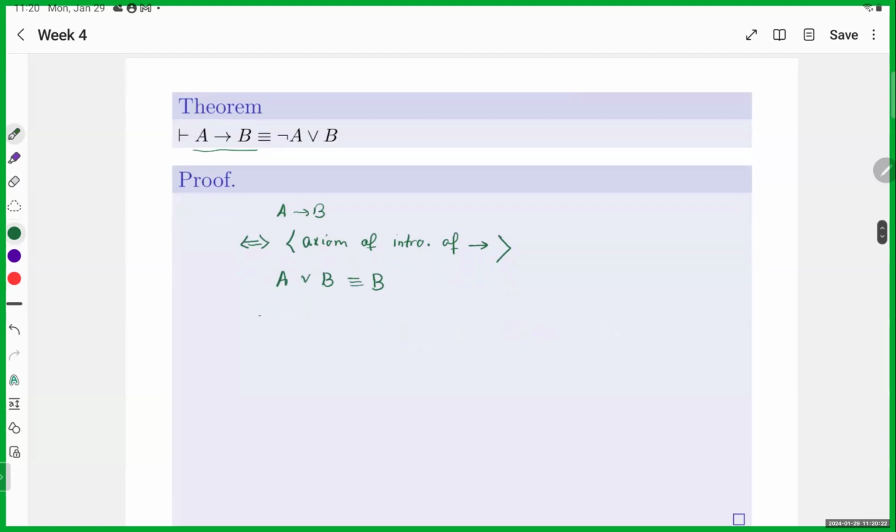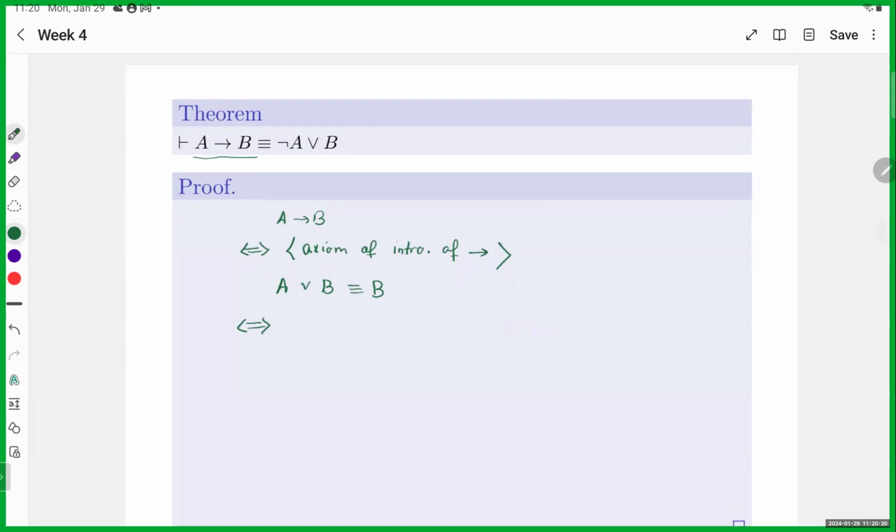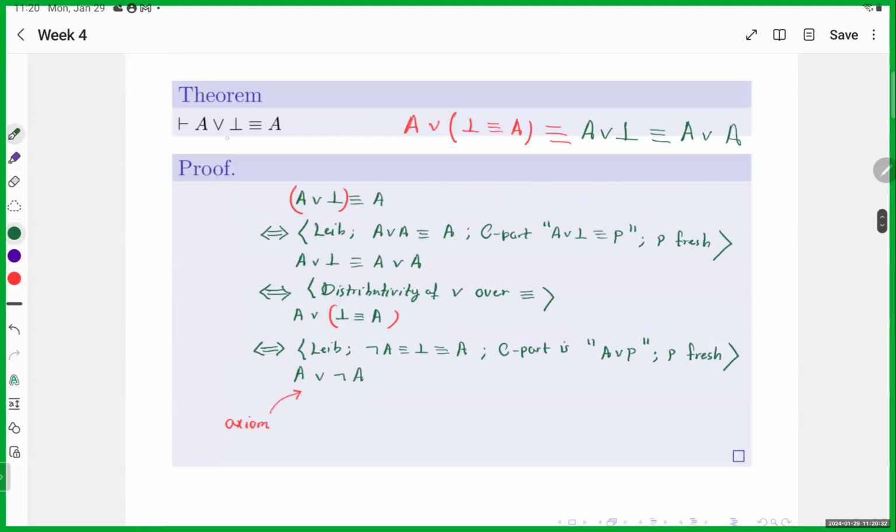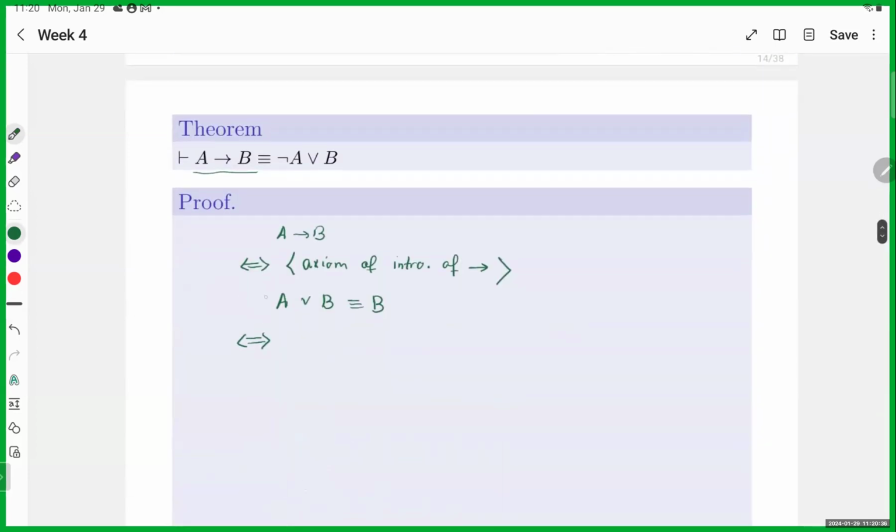I want to be able to replace this with B or bottom, and I know B or bottom is equivalent to B, even though I might need to use symmetry there, but I'm going to skip that symmetry.